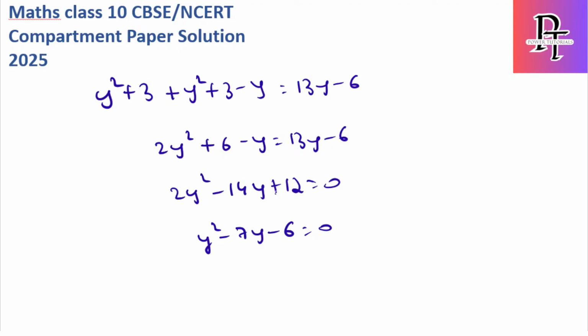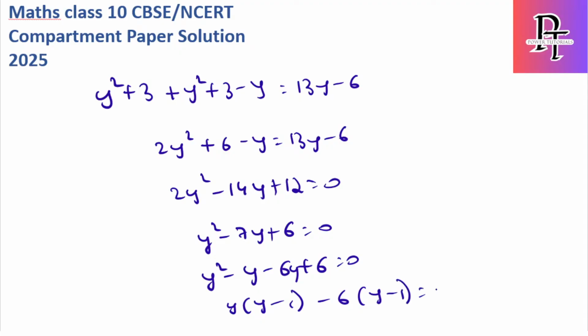Okay, now let's solve this. It is easy now. y square minus y minus 6y plus 6 is equal to 0. So y into y minus 1 minus 6 into y minus 1 is equal to 0. Hence the values of y I got are y is equal to 1 comma 6.